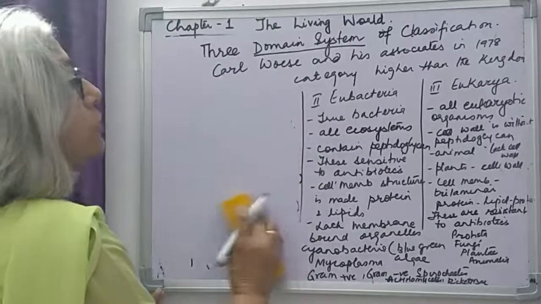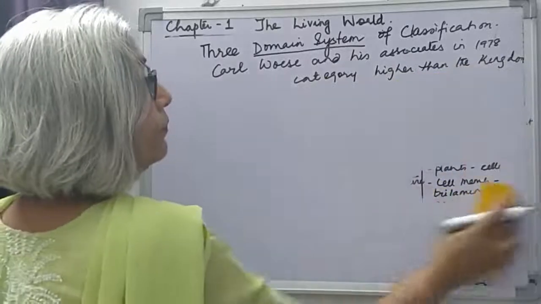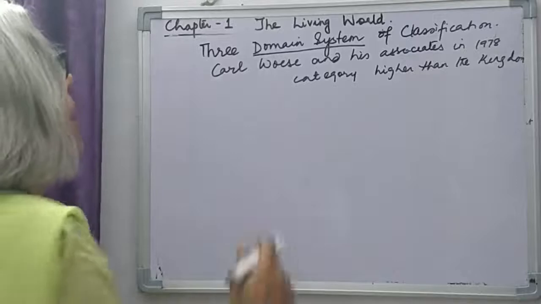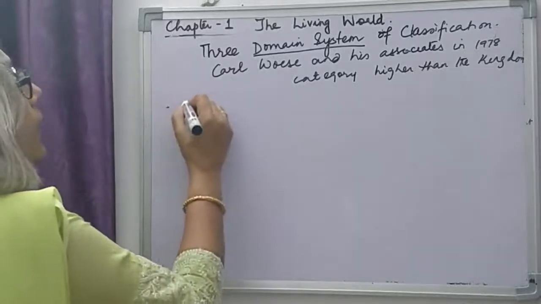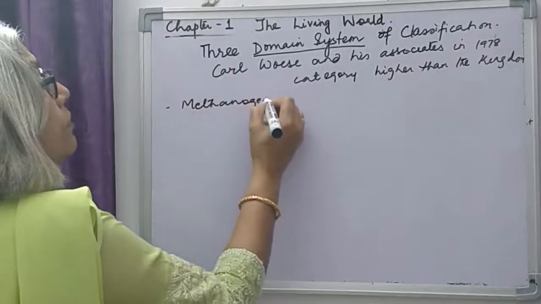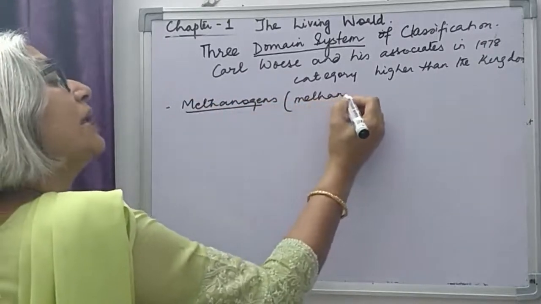So first we begin with domain archaea. As I told you, they are divided into 3 main groups. Methanogens. Methanogens are the methane makers.